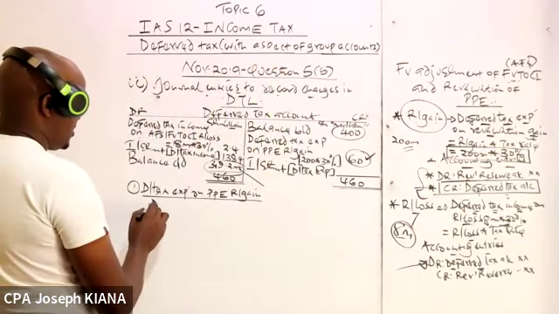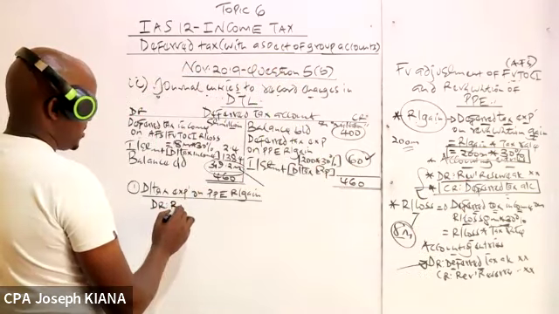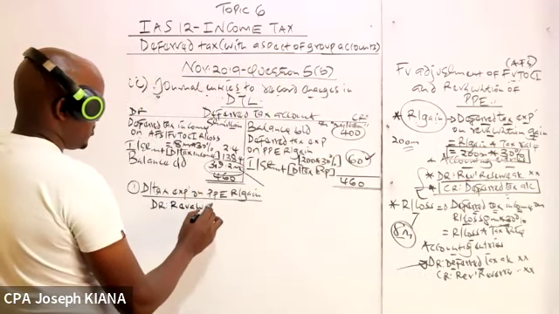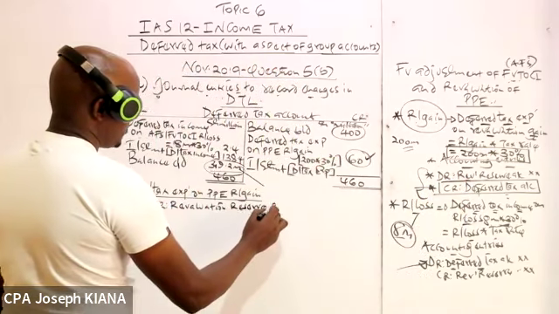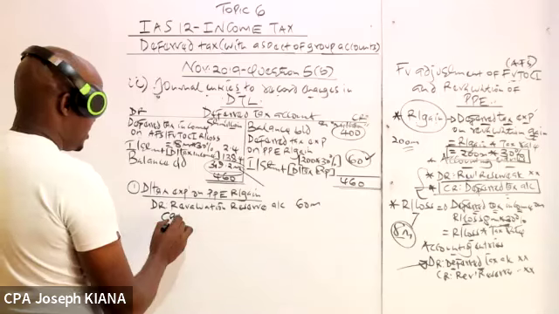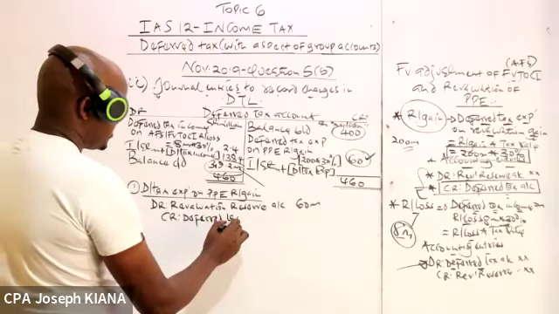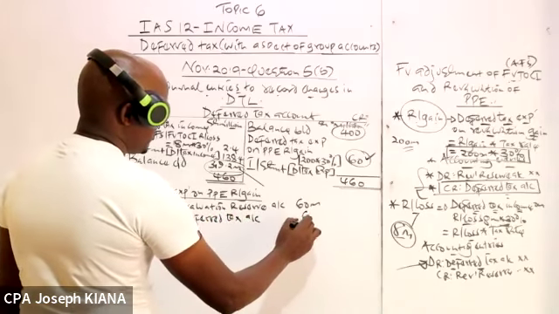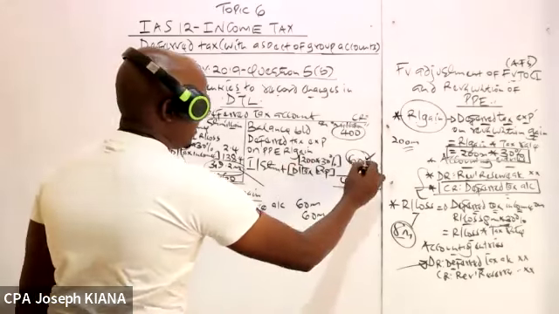So therefore, the journal entry for this is we debit the revaluation reserve account with 60 million, and then credit the deferred tax account with how much? With 60 million. That is the double entry for this.